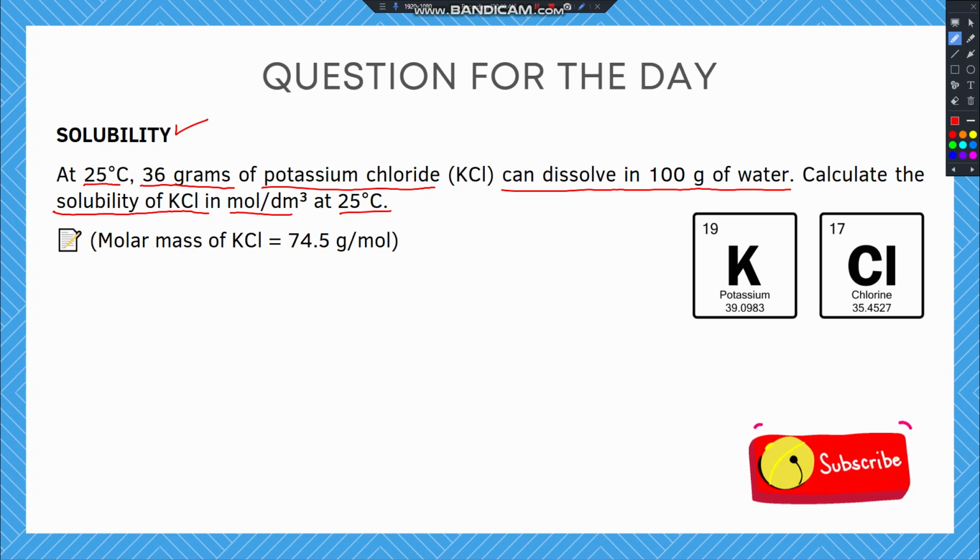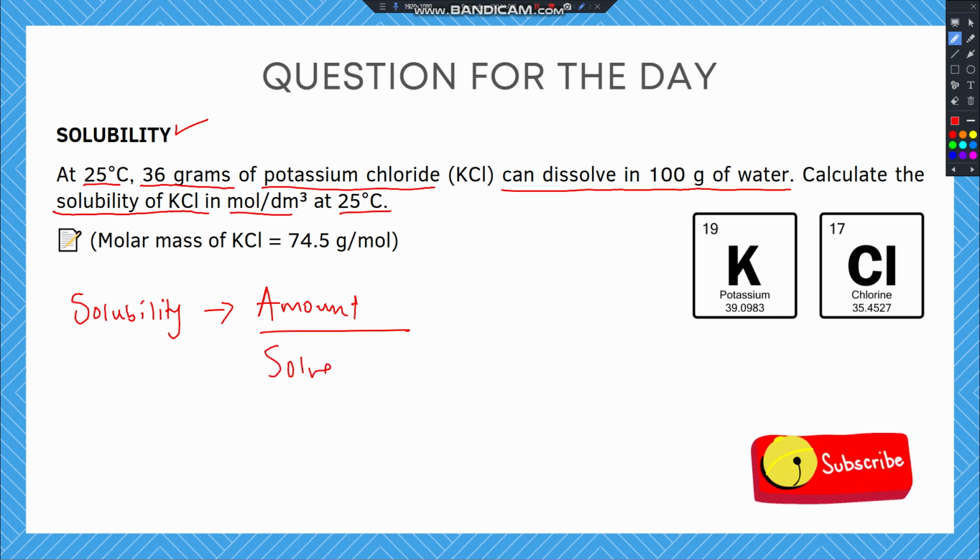So first things first, let's define what solubility means and then let's apply it to the question we want to solve. Solubility is simply the amount of a substance that can be dissolved in a solvent.